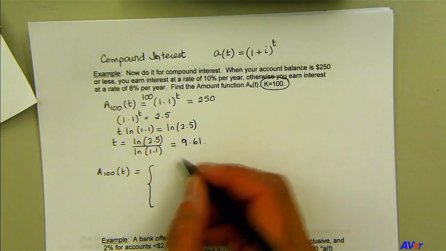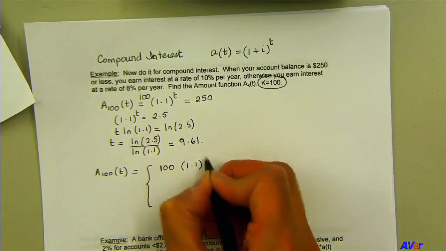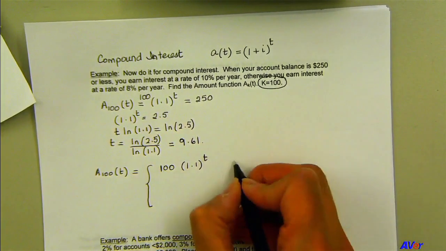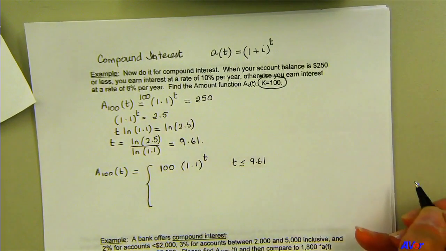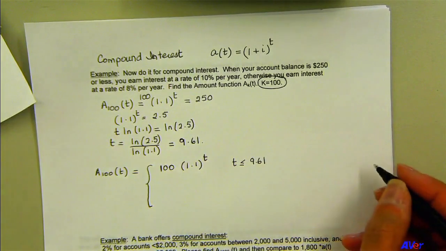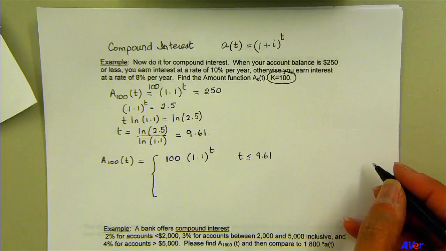The first part is easy because it's 100 times 1.1 to the t, for t less than or equal to 9.61. Then what's the second tier? This is a tiered function, right? What's the second part of the tier?